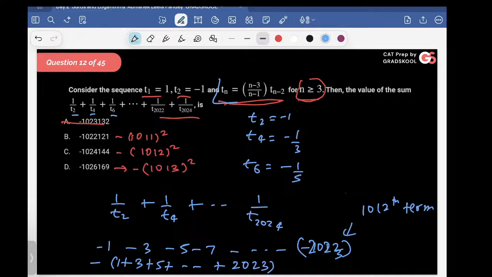This is the sum of 1012 odd numbers, which is nothing but square of 1012 with a minus. We'll go for option C. Sum of first n odd numbers is given by n squared. All of us know that. Is that clear, everyone? All of you, is that clear?